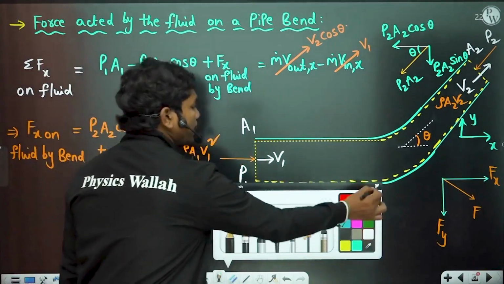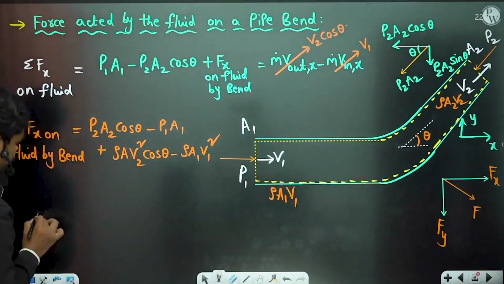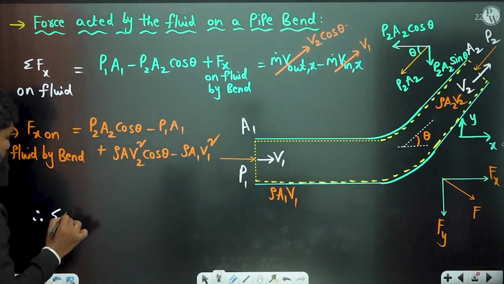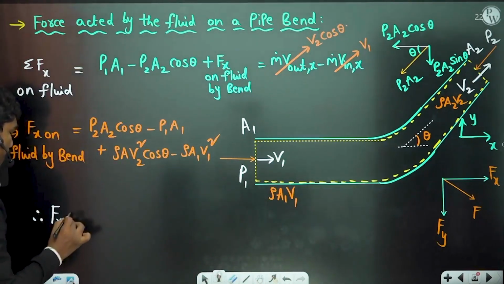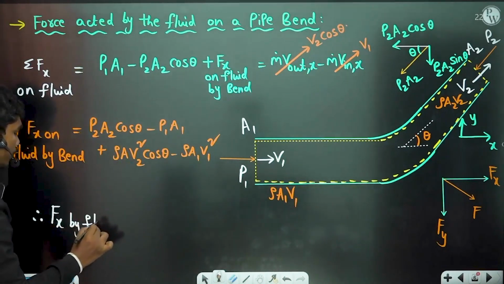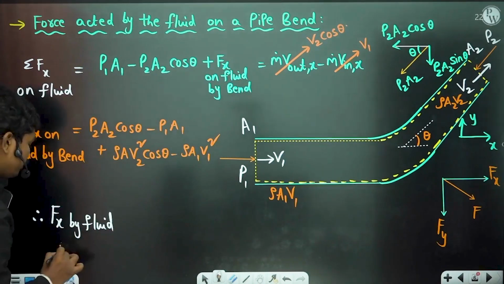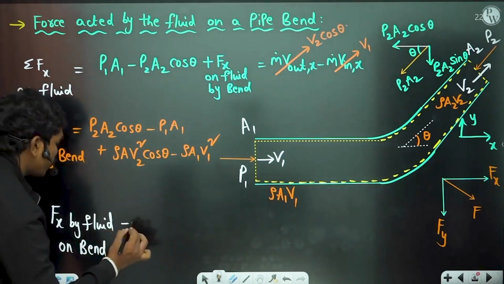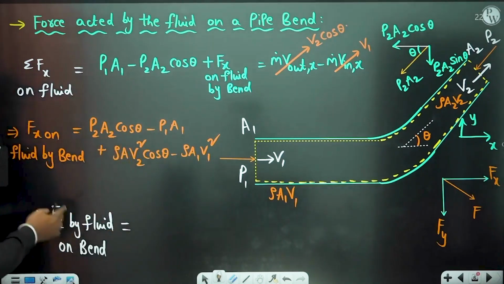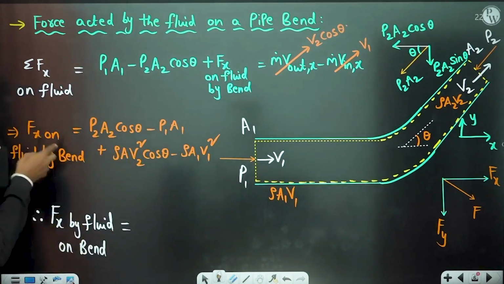Therefore you can understand, Fx by fluid on pipe bend is equal to, how much is this? Just the inverse of this, correct? Because this by fluid is nothing but minus of on fluid.